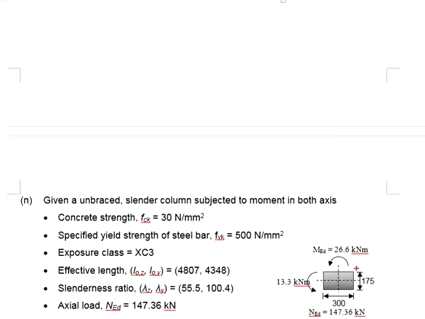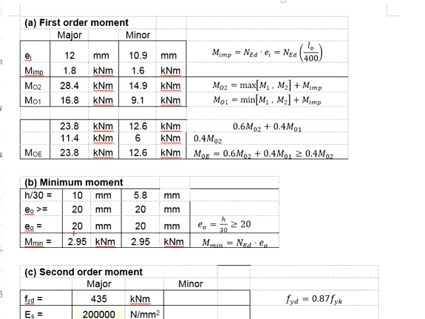As for the minor axis, the h is 175. 300 divided by 30, you get 10 mm. 175 divided by 30, you get 5.8 mm. None of them are greater than 20. Then you will use E0 equals to 20.